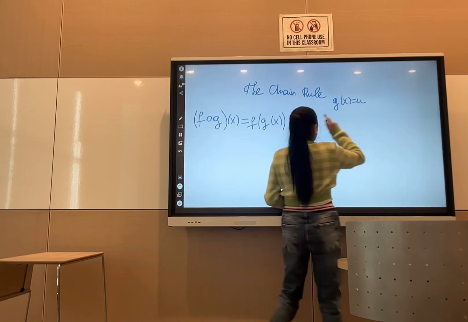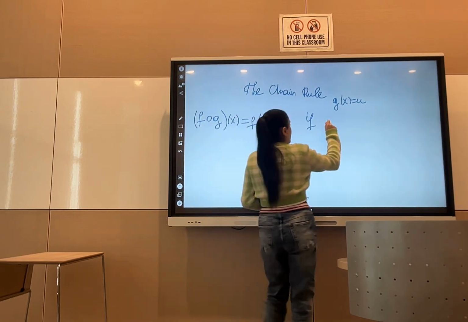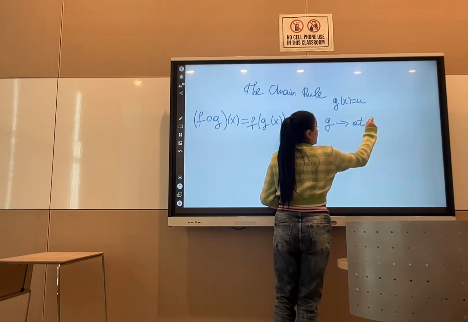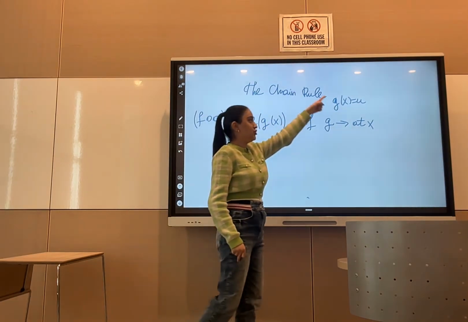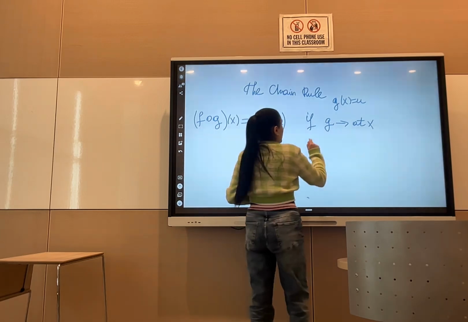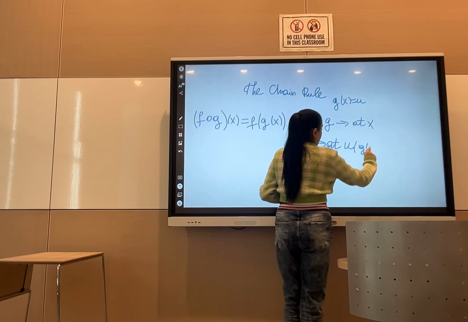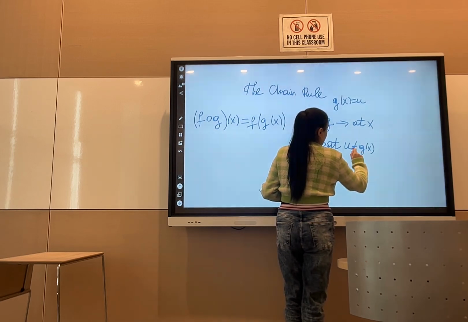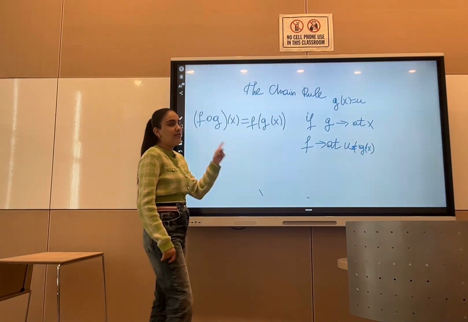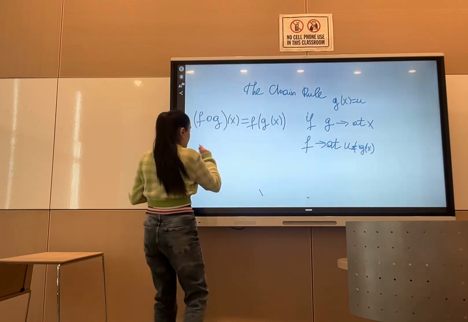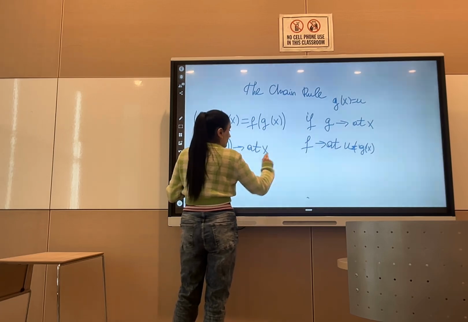If the function g is differentiable at x, and the function f is differentiable at u, at g of x, it doesn't matter, then we say that the composite function f of g of x is differentiable at x.